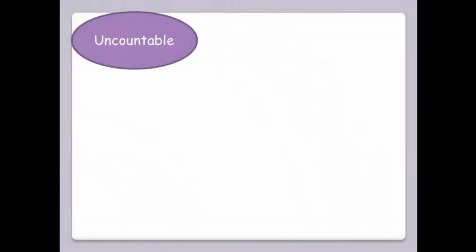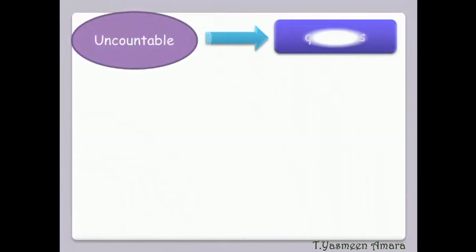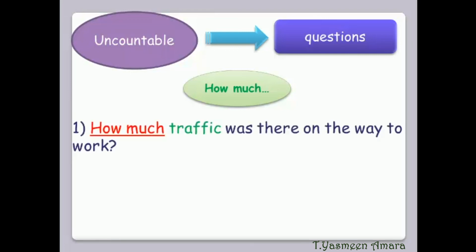Let's continue with uncountable nouns and question form, with a specific form to ask about uncountable nouns. We use how much when we ask about uncountable nouns. Look at number 1. How much traffic was there on the way to work?